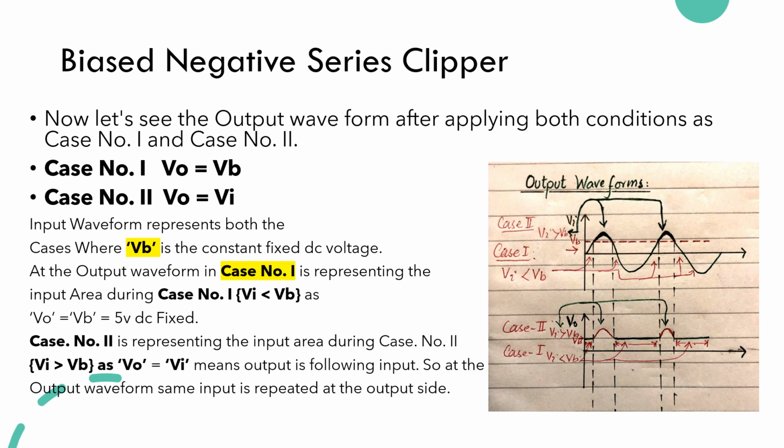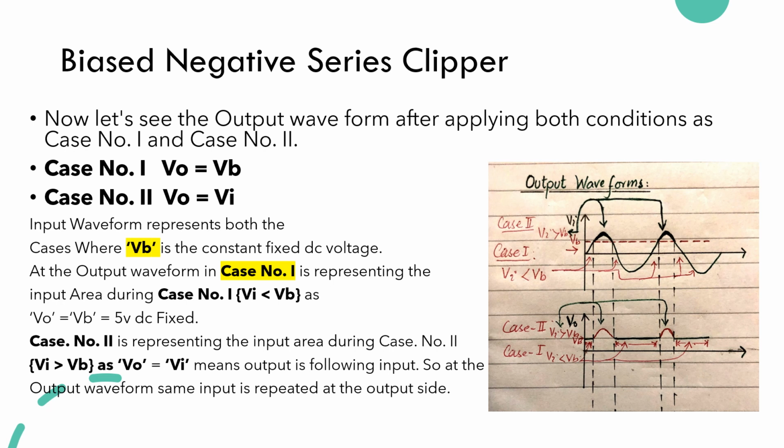So at the output waveform, case number 1, representing the input areas when Vi is less than Vb, Vout is equal to Vb, equal to 5 volts DC fixed. So at the output side, in the downward part, there is an output voltage waveform which represents the fixed VDC of case number 1 when Vi is less than Vb.